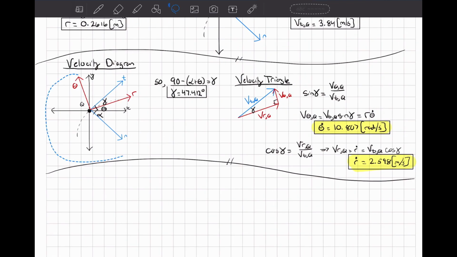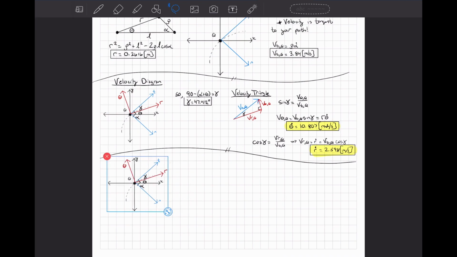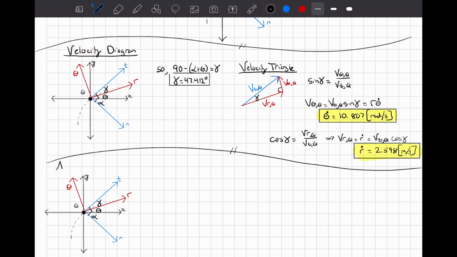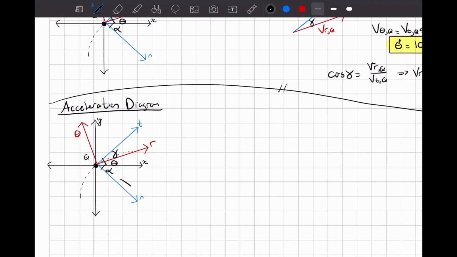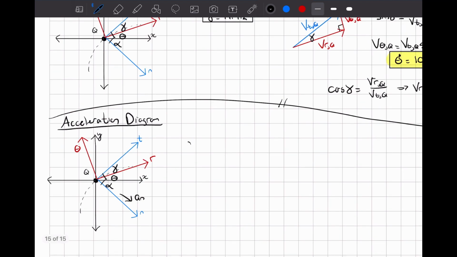Okay, moving right along. We're going to do the same procedure one more time for the acceleration. Again, we want to make sure that we have a linear independence amongst our basis vectors that describe our coordinate system.